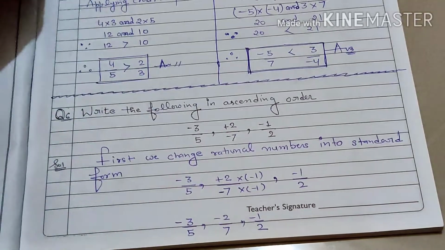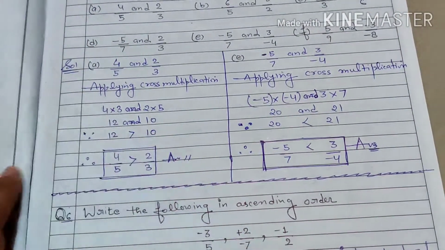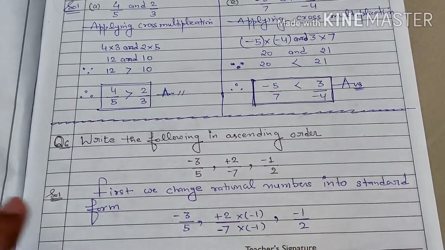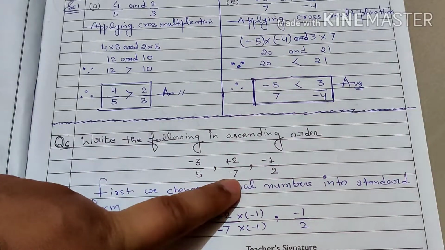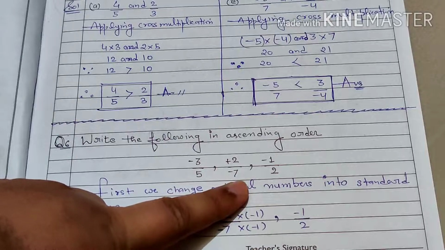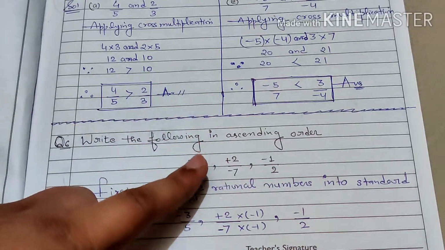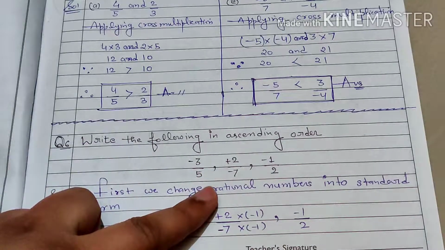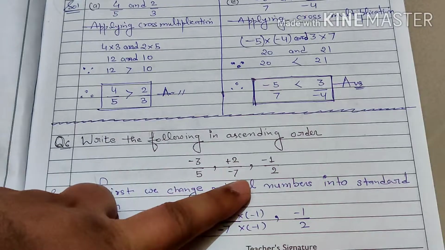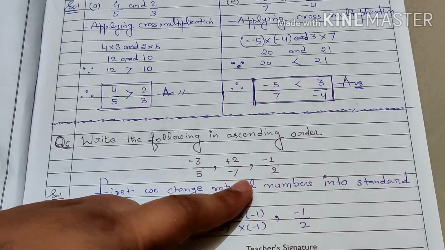Whatever we did in the previous question, the same thing we have to apply here by taking the LCM. There are three rational numbers, so we have to do the comparison. Before taking the LCM, first we have to analyze and convert them into standard form.